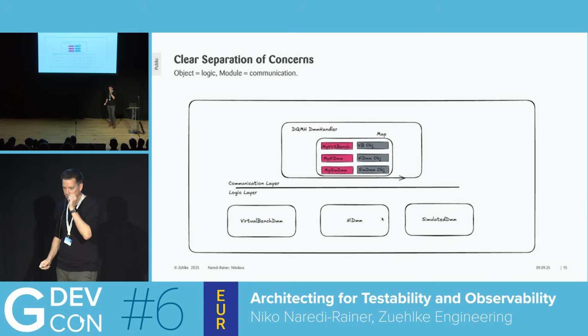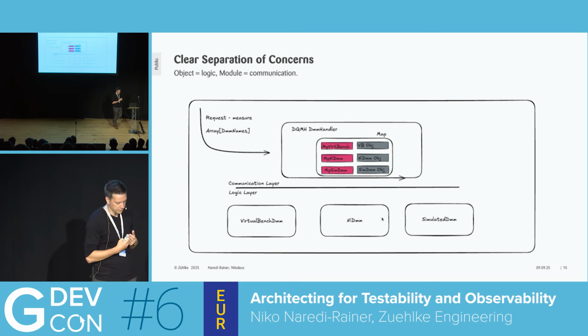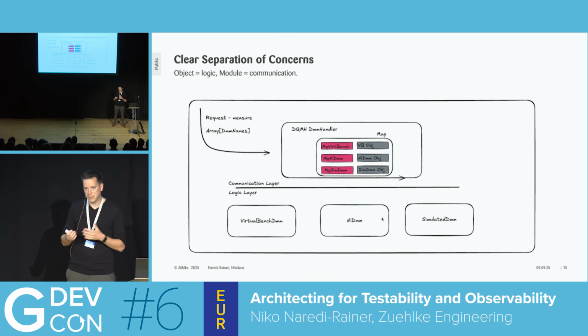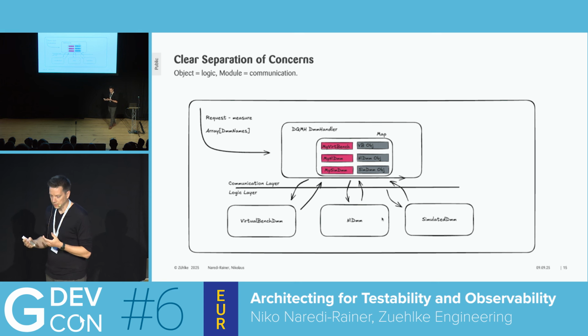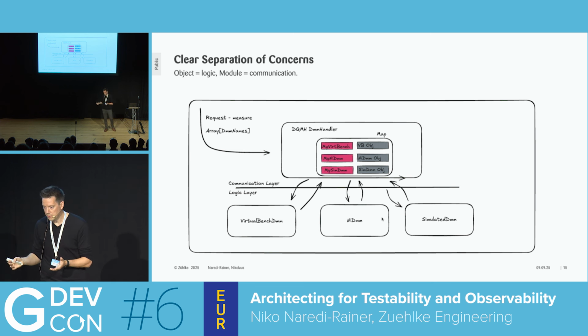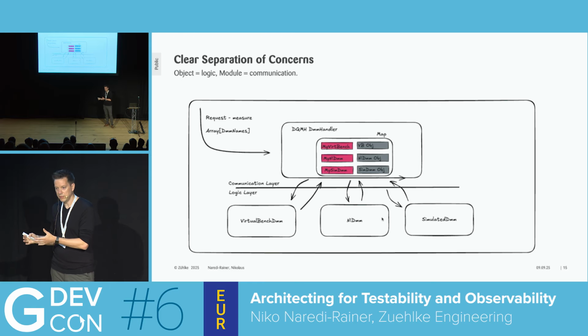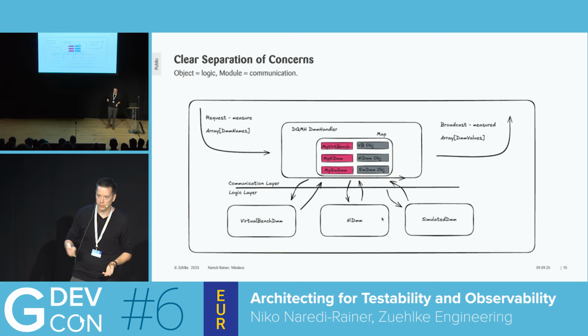So think of the DQMH module more as a receptionist. It takes in all the requests that come along, picks up those requests, and passes them on to the respective specialist, whether that be a simulated DMM or a real one. That real one knows what to do with that request, returns the value for a measure, and broadcasts out whatever the result of that is.